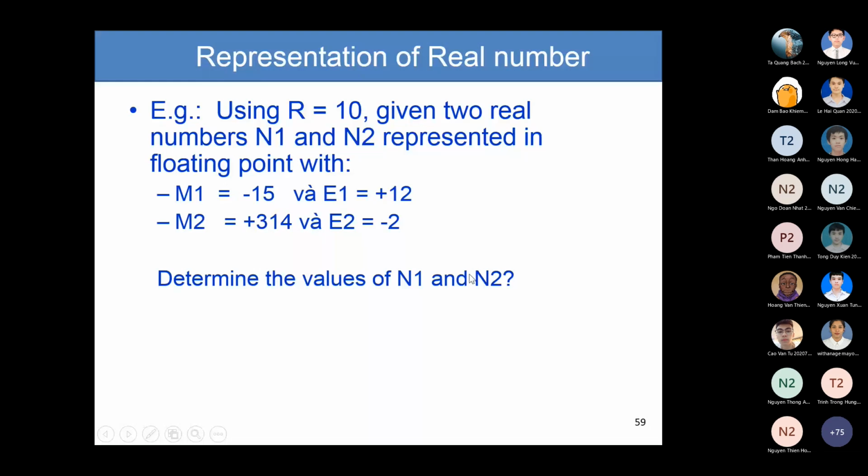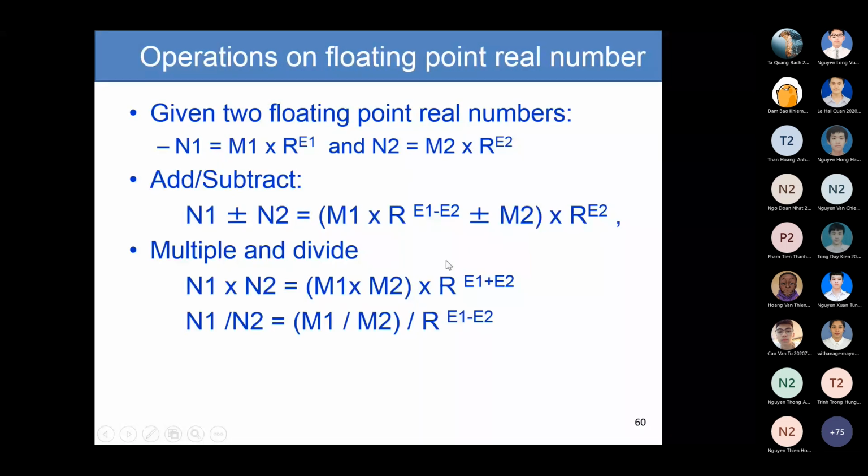Okay, there are some operations on floating point numbers we studied in high school already, right? So example, given n1 equal to m1 multiplied by r power e1, and n2 equal to m2 multiplied by r power e2.